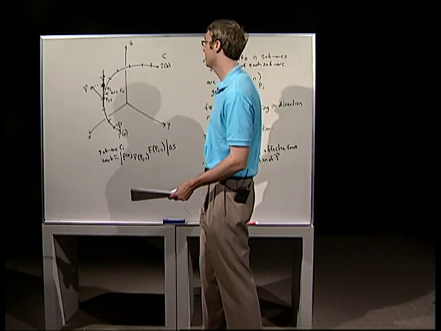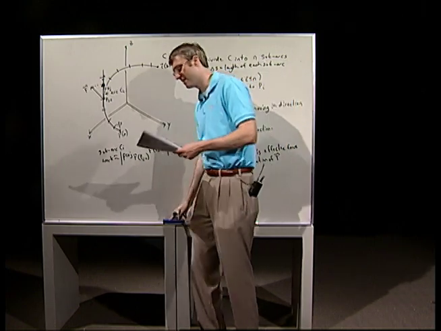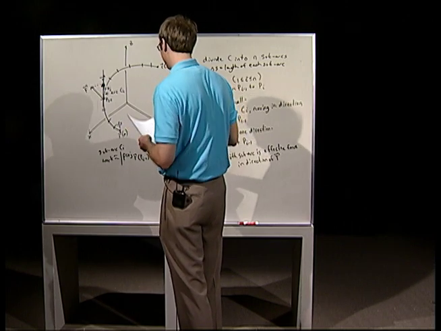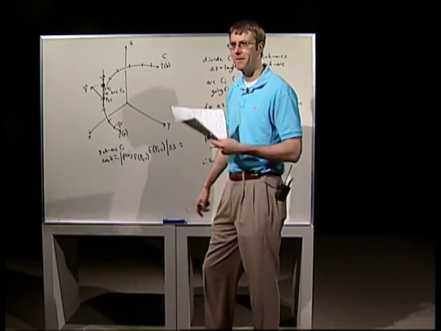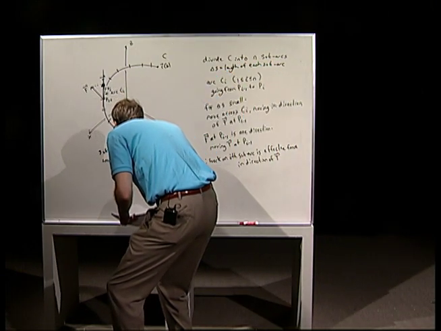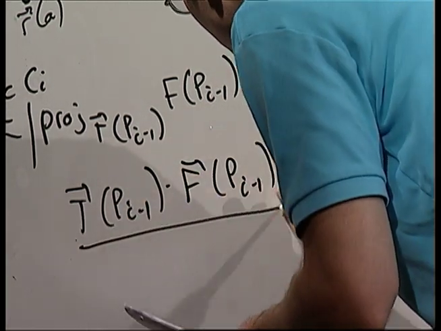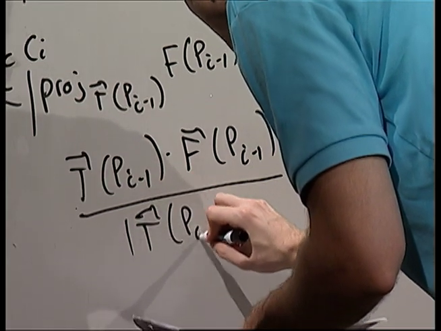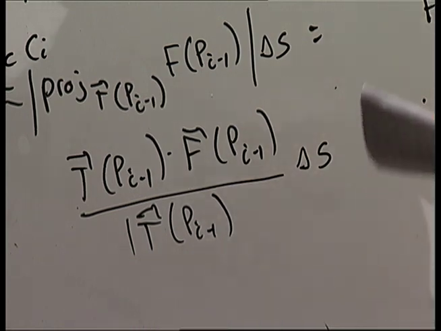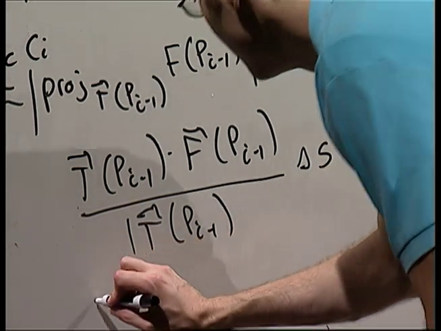And I say approximately because we're not always traveling in the direction of t. We're approximately going in the direction of t most of the way. So what is this? If you remember back to projections, we defined projections in terms of dot products. In particular, it was t dot F over the length of t, all at p sub i minus 1, times delta s.